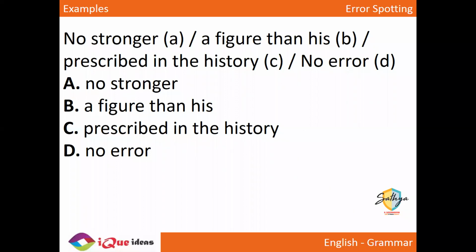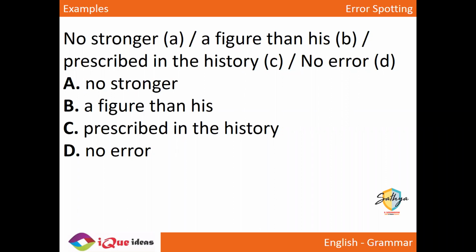So you compare the figure with his figure. So that is correct. If you say a figure than him, then that is wrong actually. Figure than his is correct because apples and oranges cannot be compared. Apple with apple, orange with orange. So a stronger figure than his. The strength is of the figure, not the person, right? So you compare the figure with his figure. So figure than his, that portion is correct. There is no error in that portion.